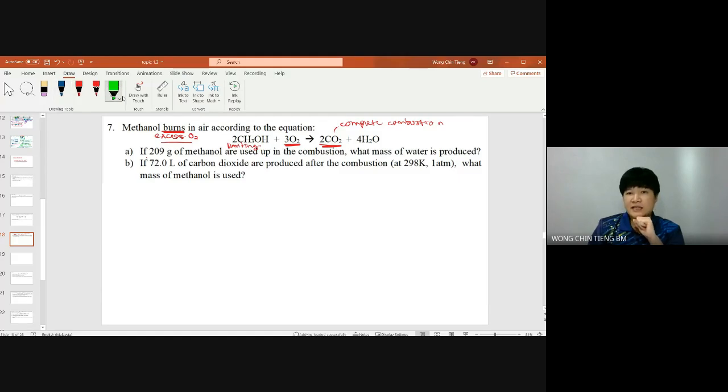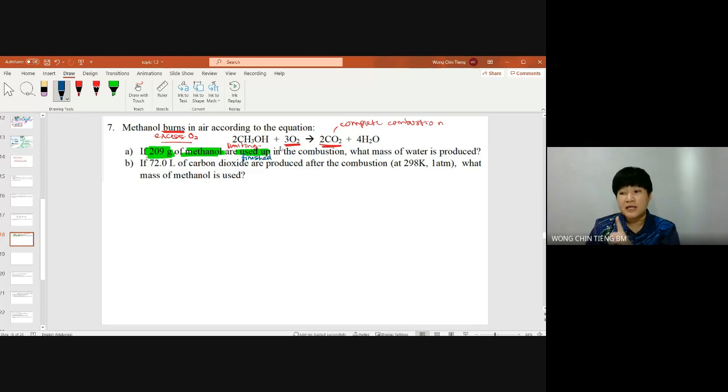I have another way. Another way is if you don't remember complete combustion. Biasalah masuk exam, soalan tak cerita langsung pasal combustion. Nak ingat macam mana complete combustion tu? Tak teringat. Simple. It's given in the sentence. 209 gram of methanol are used up. Used up, in the other words, your methanol right now is finished.